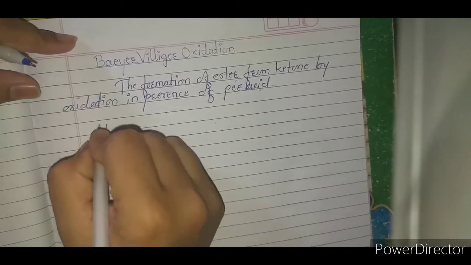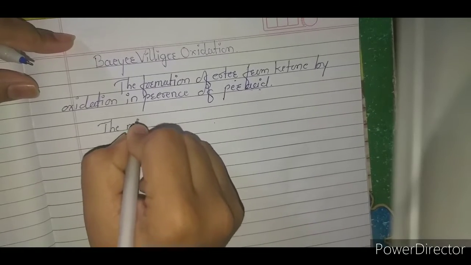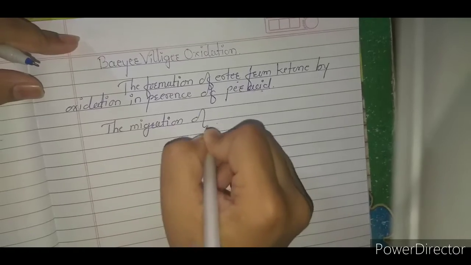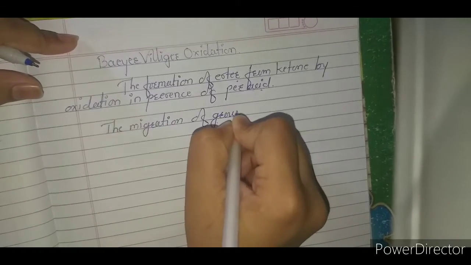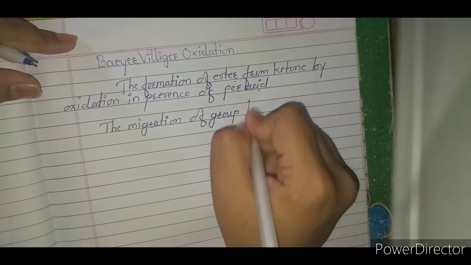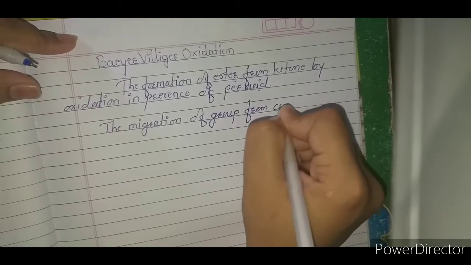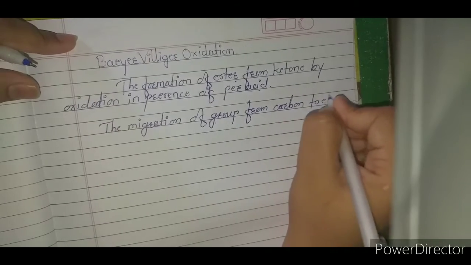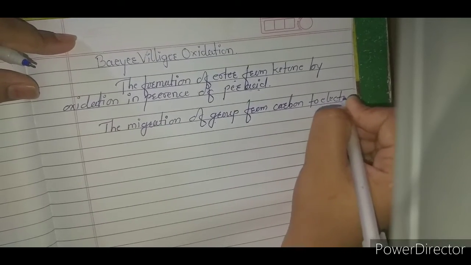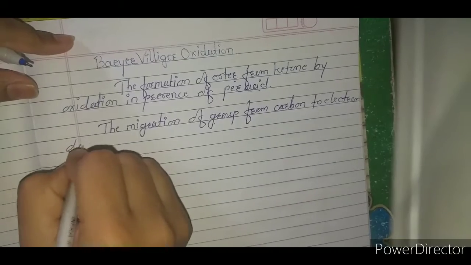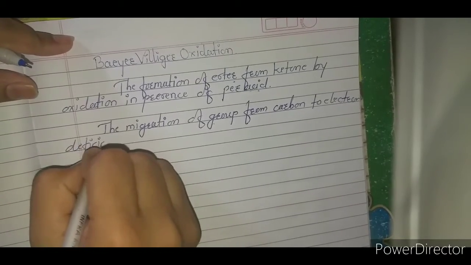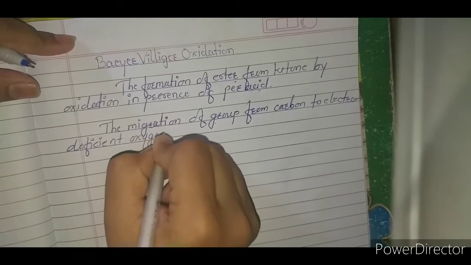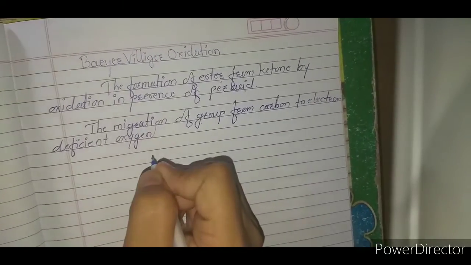In this reaction, the migration of group from carbon to electron deficient oxygen takes place.